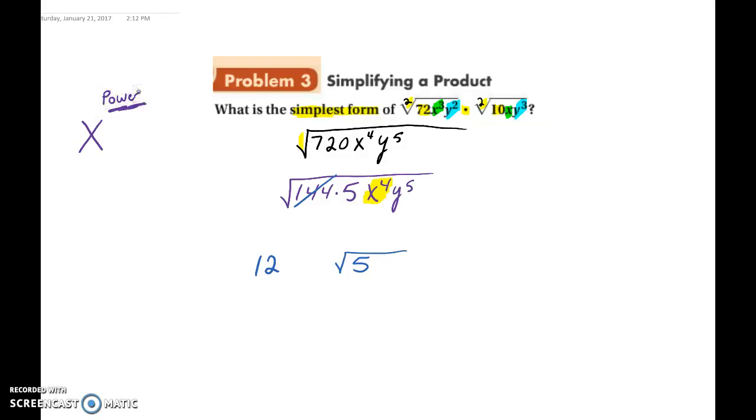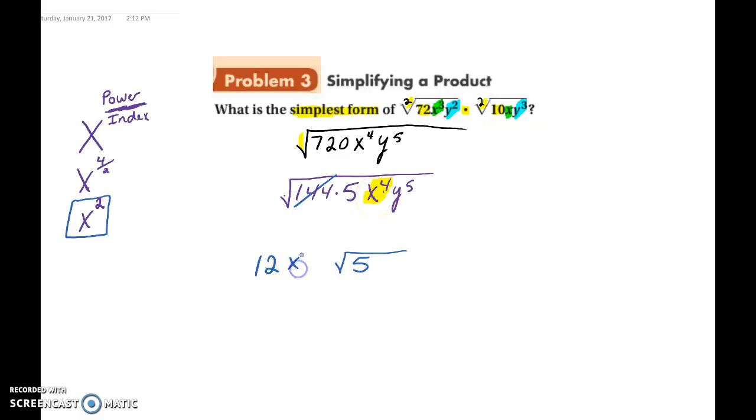We'll talk about this more in another video coming up, but your power goes in your numerator and your index goes in your denominator. So since our power here is 4 and our index is 2, this will be rewritten as x to the 4 over 2. Then if it divides evenly, you simplify, so that becomes x squared. So this tells me that the square root of x to the 4th is x squared. So it means I can take 2 x's out of here.